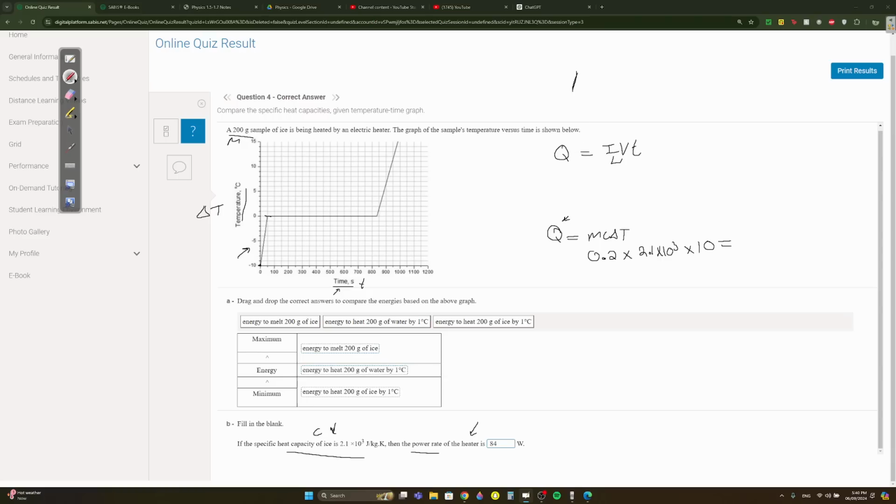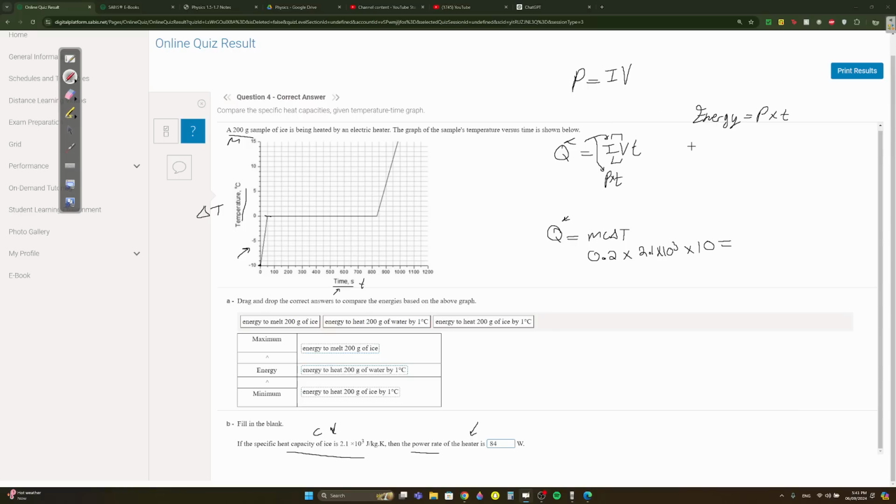From grade 9, you know that power is equal to IV. So instead of saying IV, you can replace it by P, and we all know that energy is equal to power times time. So that's why instead of Q, we can write IVT or PT, because Q is equal to energy.